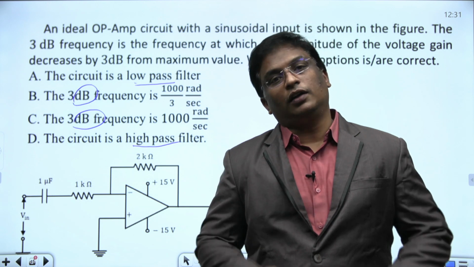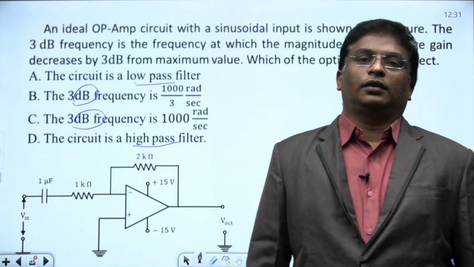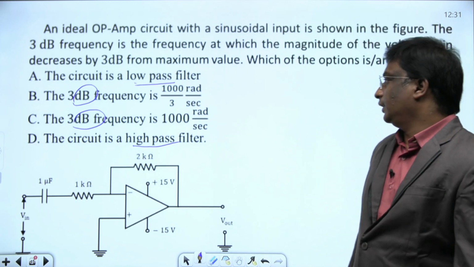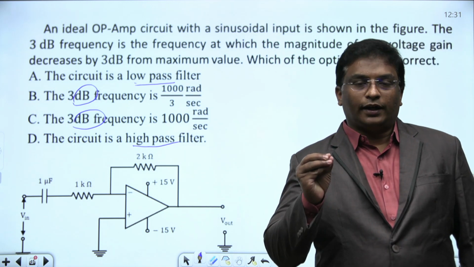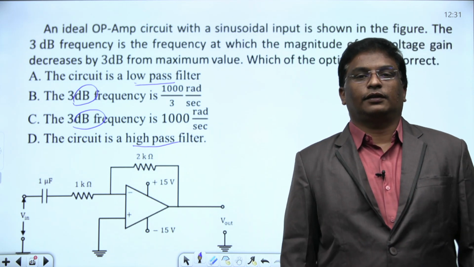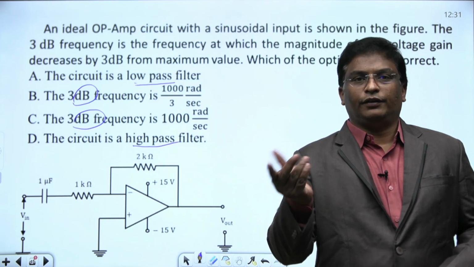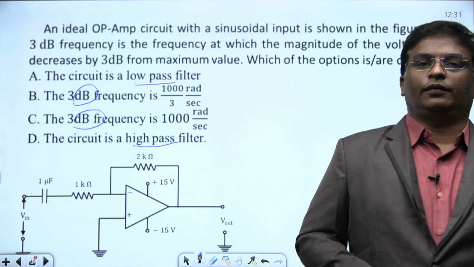Allowing all frequencies except a certain range is a band reject or band stop filter. How do we identify whether a circuit is a filter, and which type? We check 2 points, 0 and infinity.